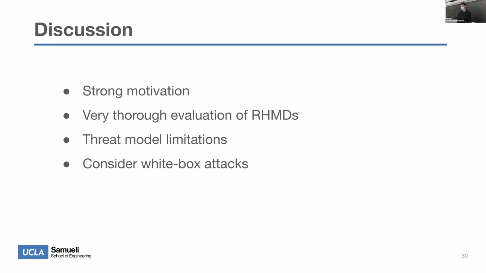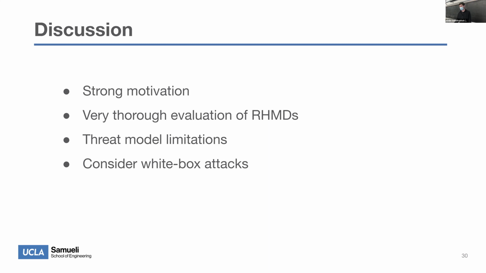In addition, they have a very thorough evaluation of their RHMDs, including an examination of their malware detection accuracy, a formal proof of their increased evasion resilience, as well as an analysis of their contributions to SoC area and power.